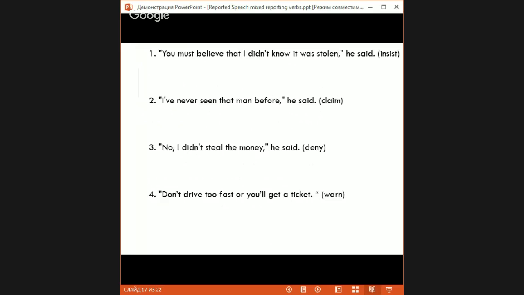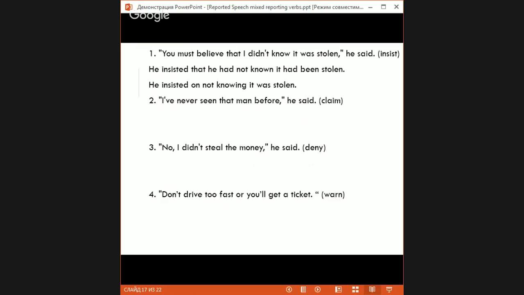Again, as we don't have a lot of time and we have a lot of slides, I suggest moving on. So what we have here: you must believe that I didn't know it was stolen. He insisted that he had not known it had been stolen, or he insisted on not knowing it was stolen.